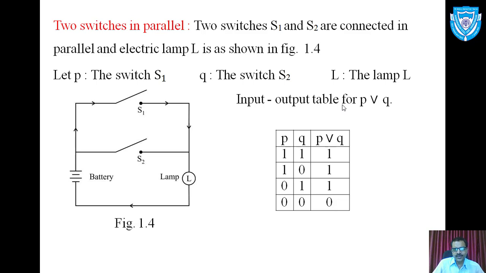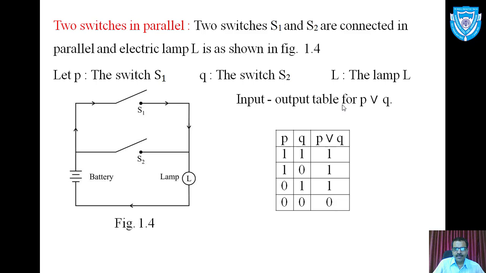Now the second row: P has truth value 1, Q has truth value 0. S1 is in the on state, S2 is in the off state, and of course the current reaches from the battery to the lamp, the lamp glows. That means the truth value of the compound statement P or Q is 1, and that is the same as the truth value of statement L, which is 1, meaning the lamp L glows.